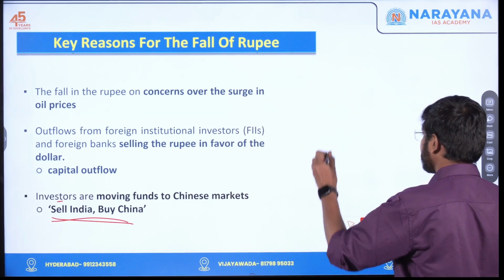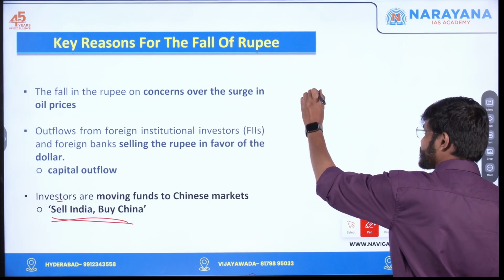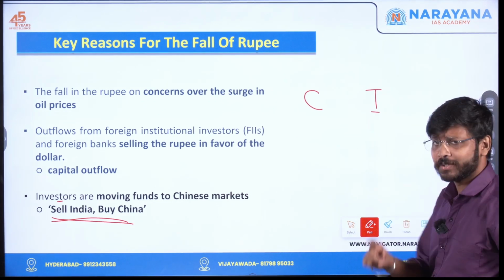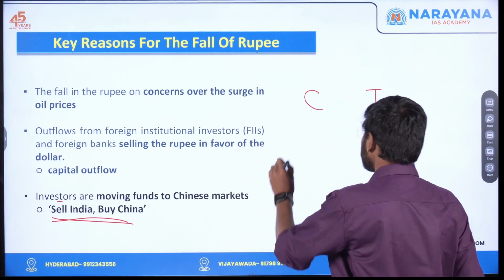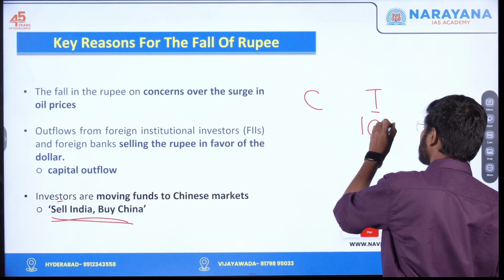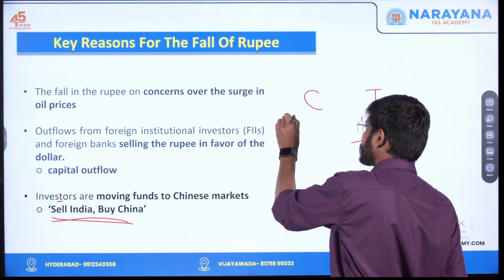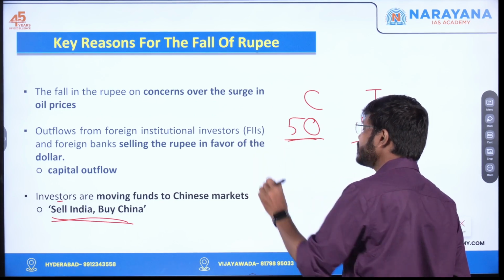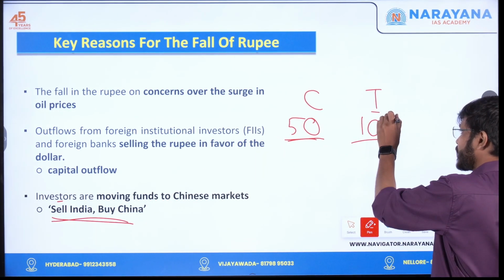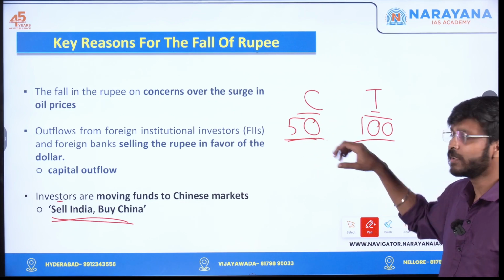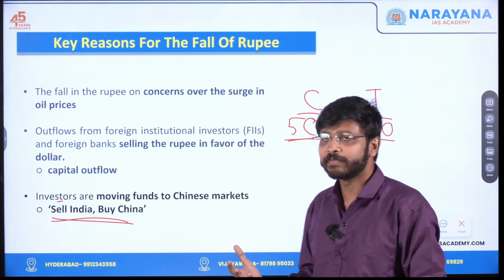Again, I can explain this with a small logical example. Imagine there are two shops, shop C and shop I, for the same product. Shop I is charging 100 rupees, and the same product in shop C you will get for 50 rupees. So which shop will you prefer?